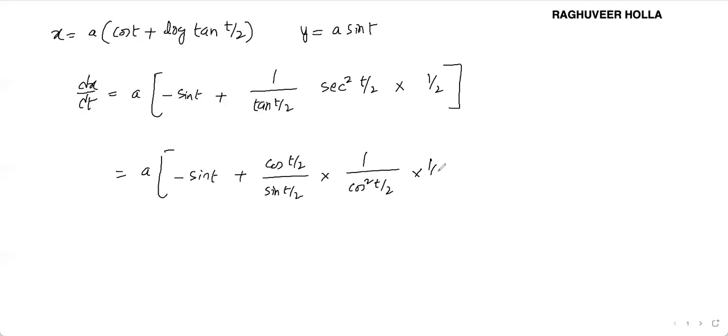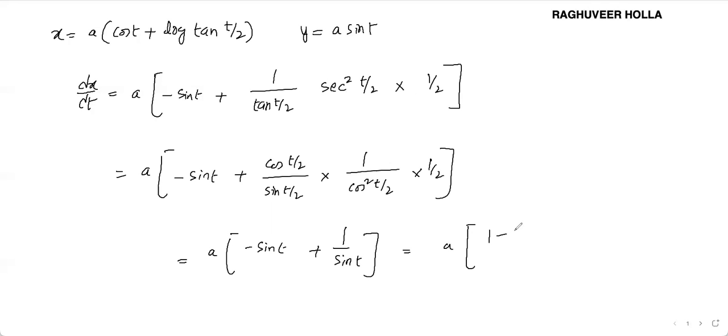While simplifying this further, we get this as a multiplied minus sine t, plus 1 by sine t. Or you can write as 1 minus sine square t by sine t. Or this is a cos square t by sine t.